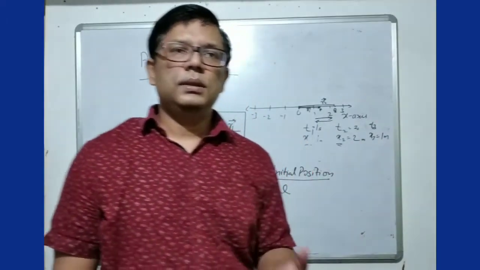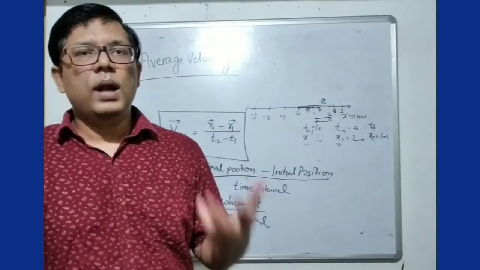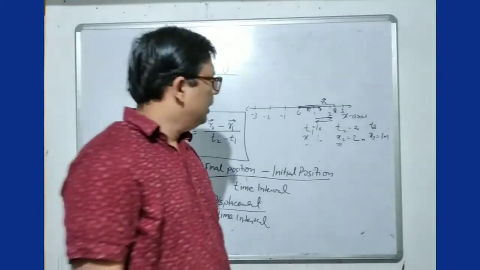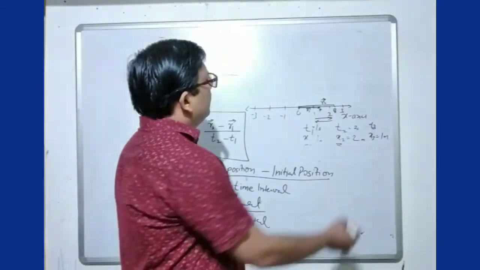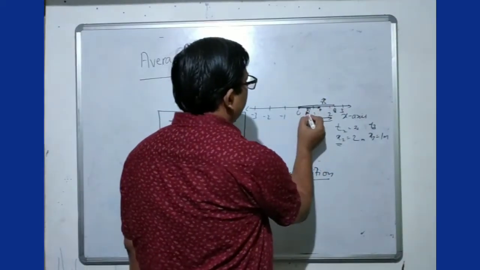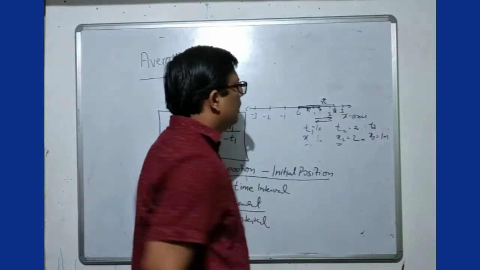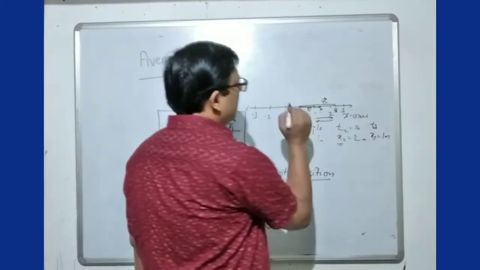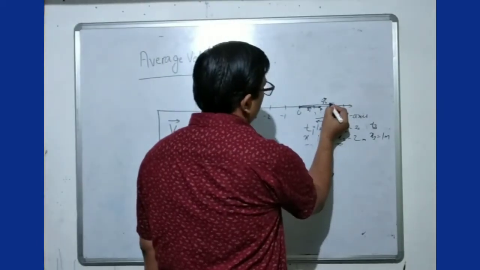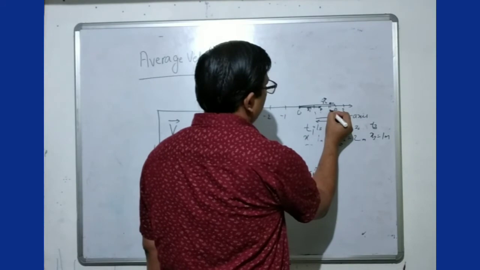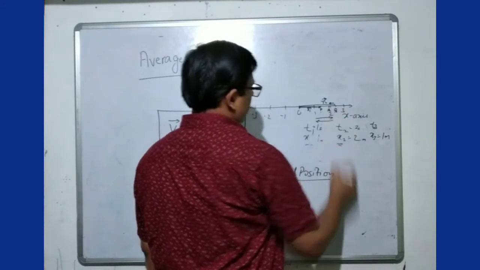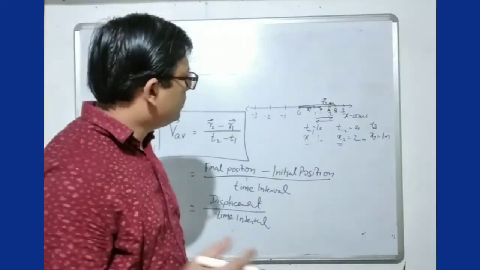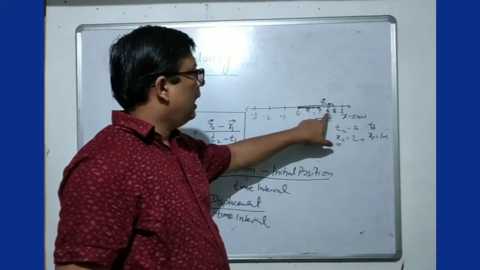But average velocity will not tell what the velocity is at some particular point of time. Like if an object has moved from point P to Q, so our velocity is positive, and for some time we have again returned and reached this point R. What will be the velocity between P and R?